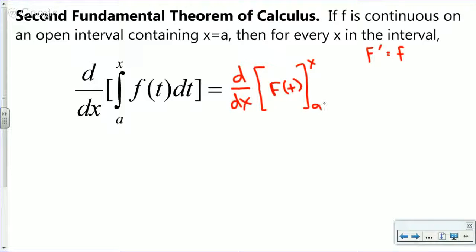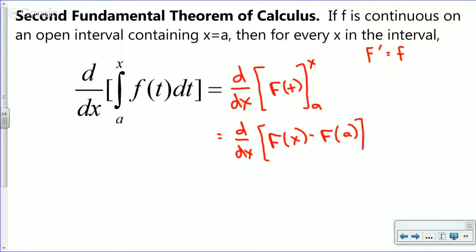Correct? Capital F is the antiderivative of little f. Okay, so continuing on here, I'm going to keep that d dx. So now we're supposed to evaluate capital F at x and a, right? So it'd be F of x minus F of a.